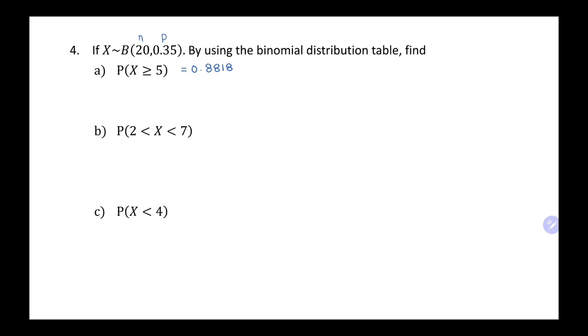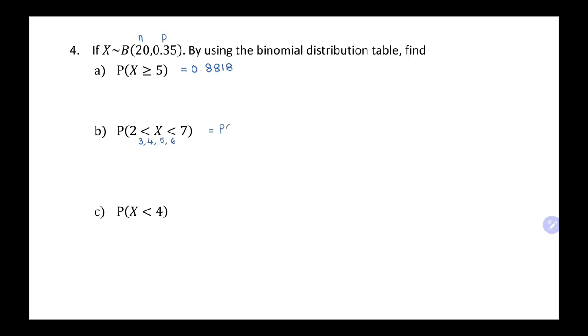Next question, B. We want to find the probability from 2 until 7. We cannot read this directly from the table. We need to change it to the sign greater than or equal only. 2 until 7 means we want to find 3, 4, 5, and 6.